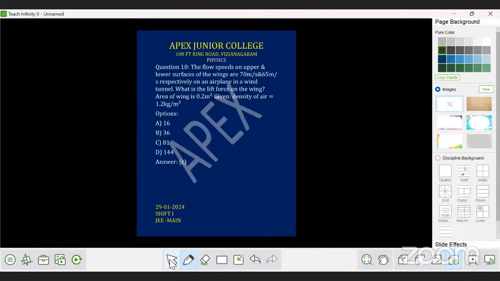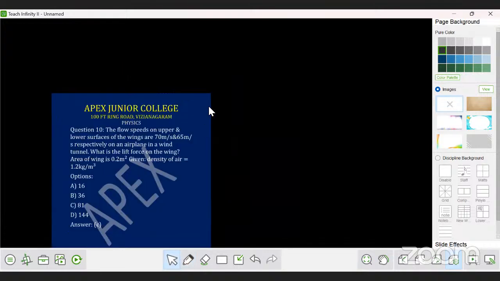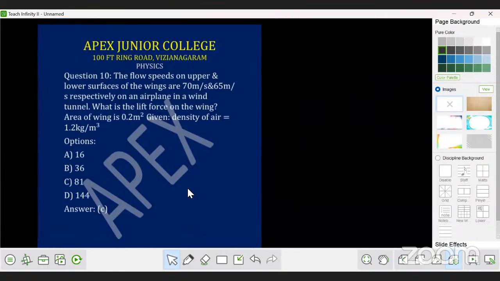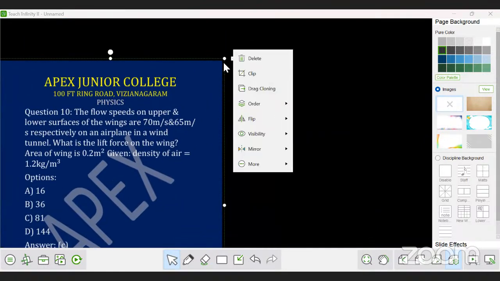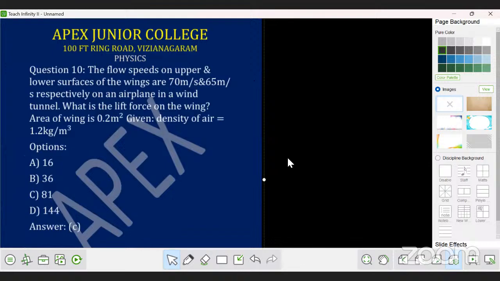Now the next question. See the question number 10. The flow speed on upper and lower surfaces of the wings are 70 meter per second and 65 meter per second, respectively, on an airplane in a wind tunnel. What is the lift force on the wing?